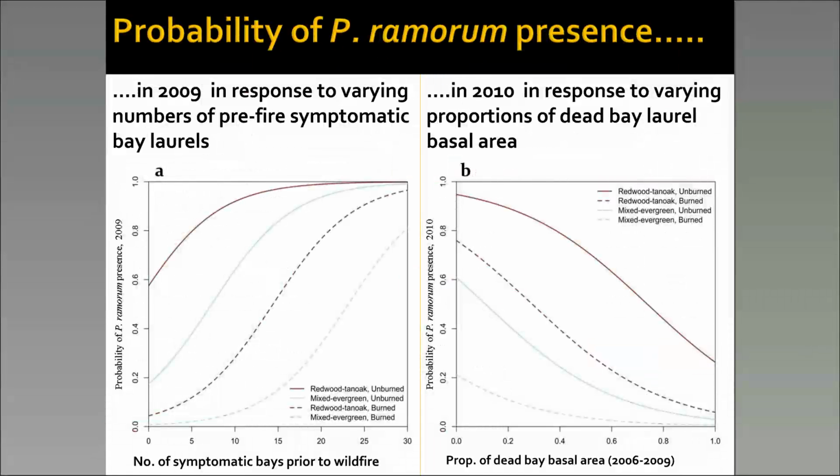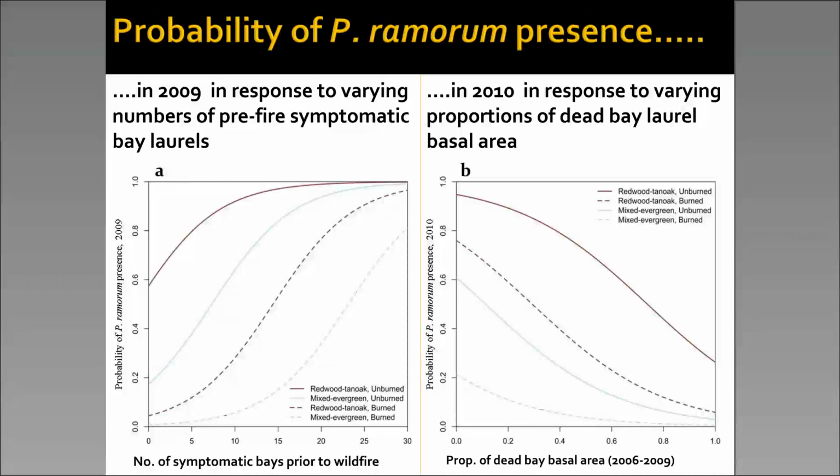So to help kind of visualize that rather dense chunk of data, we can graph the output of that logistic regression model. And what we can see here in panel A is that this is in 2009 in response to varying numbers of pre-fire symptomatic bay laurels. What you see is that the probability of P. ramorum presence in a plot increases with increasing numbers of symptomatic bays.